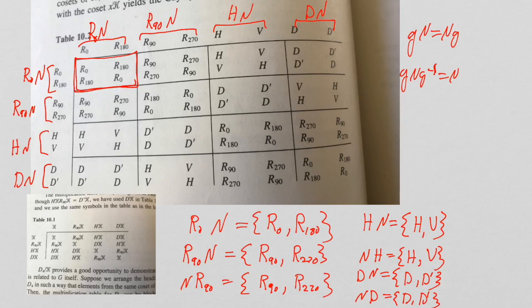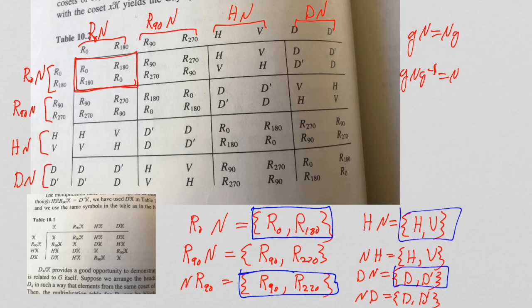What I'm going to do is take each of these cosets, this coset, this coset, this coset, and this coset. That's four cosets, and I'm going to give these four cosets their own names.